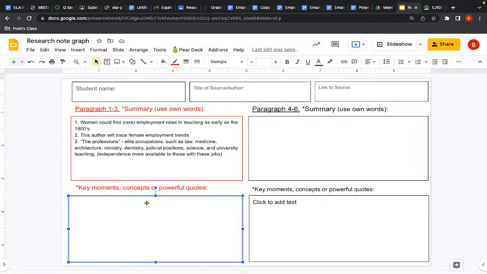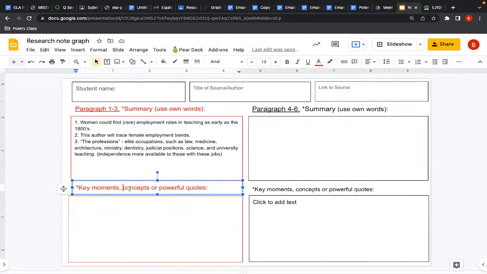And I might also just change this to, anyways, key moments, comments. That is your comments about the concepts. I think that comes across a little better. Key moments, comments, or powerful quotes.